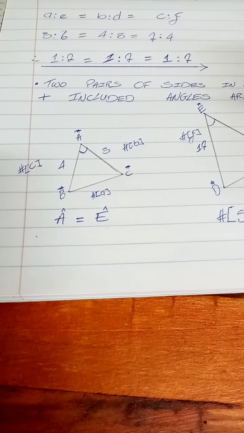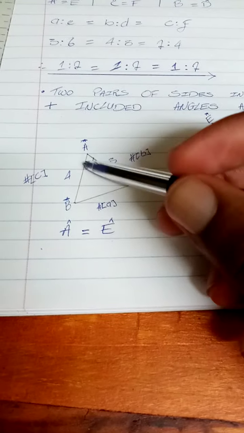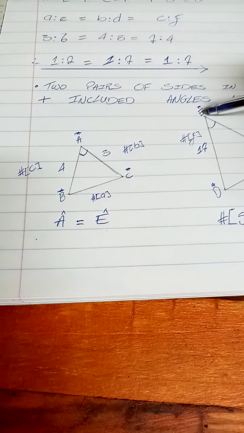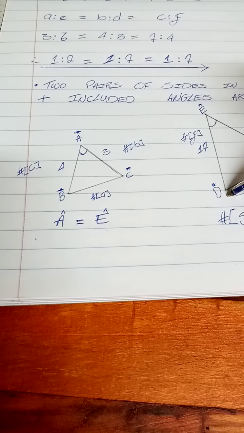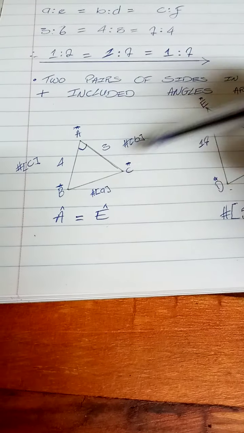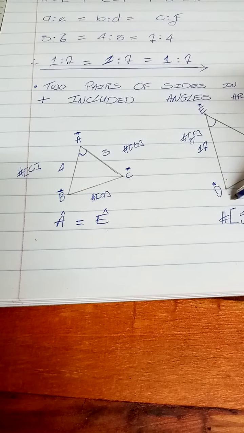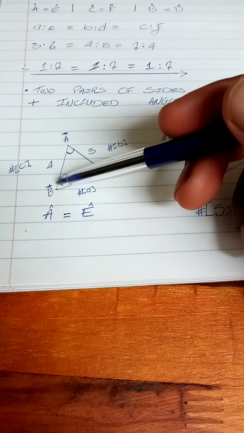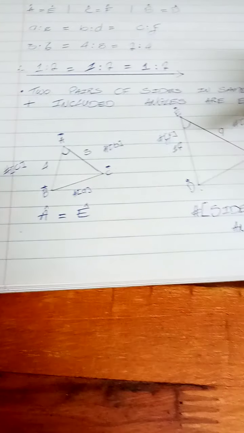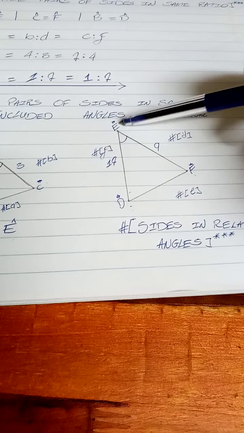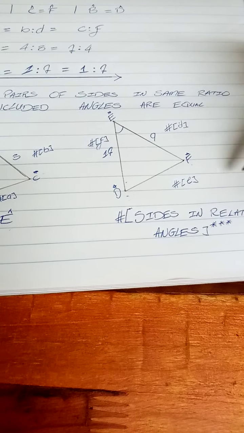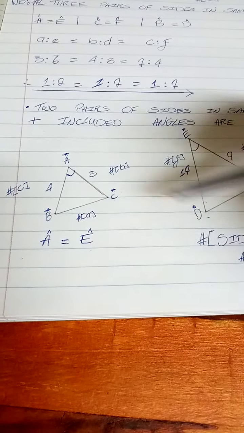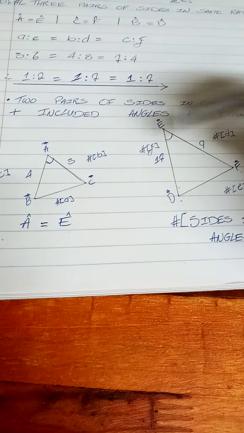But anyway, what this means is, in relation to the angles, AB has to be in the same proportion as ED because of the angle which is found in between. The angle found in between AB and AC is equal to the angle found in ED and EF. So basically we are assuming that this is how the proportionality goes.